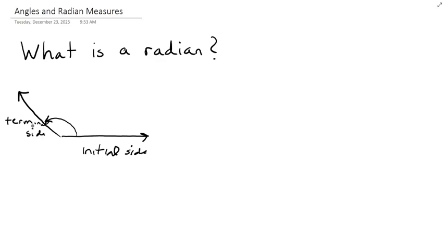Now, I purposely drew the initial side perfectly horizontal like that because you're going to learn really quickly that we are going to place most of our angles on something we call a unit circle, which is embedded in a rectangular coordinate system. So essentially, you need to start thinking about that initial side as always lying on the positive x-axis.